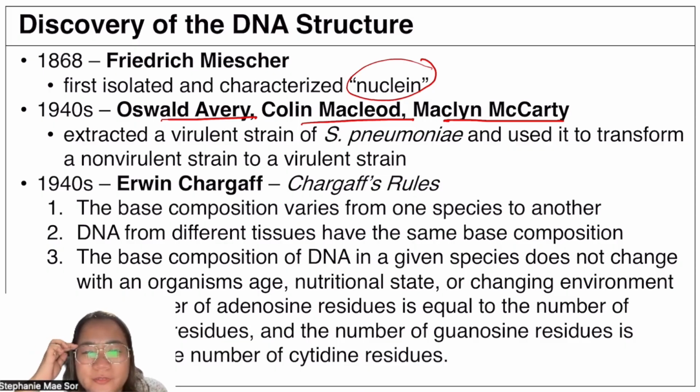So, yung ginamit nila dun sa experiment nila, na-demonstrate nila na it's actually the DNA from the virulent strain that is responsible for the virulence. So, na-demonstrate nila that the DNA is the one that carries the genetic information for virulence.